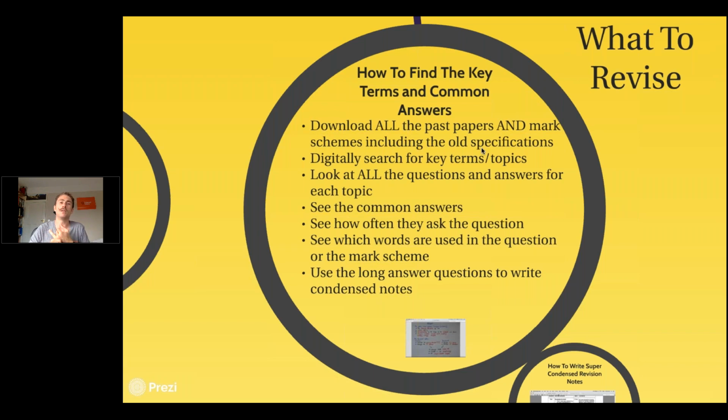In the follow-up email, sent within the hour to the address you enrolled in the webinar with, you're going to get a link to my Dropbox account with my entire stash of AQA, OCR, WJEC and Edexcel papers. All the old specs, all the new specs, all the very old specs, there are heaps and heaps of papers there. You can download them all and search through them to find questions on the topics you want to revise.